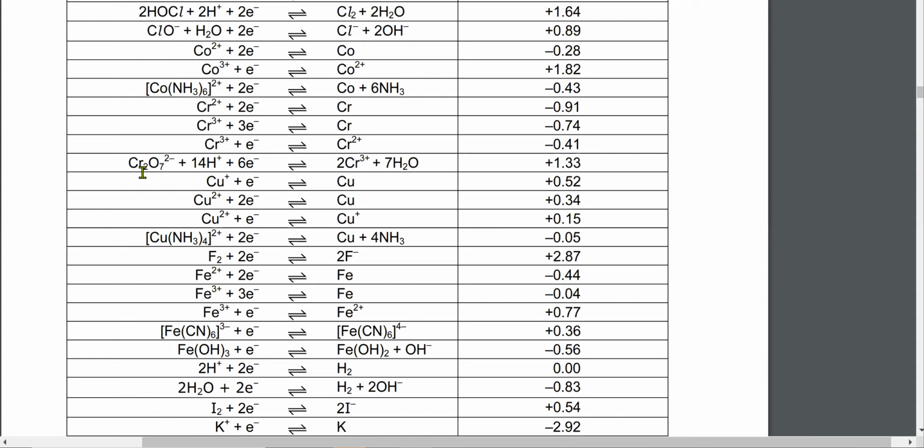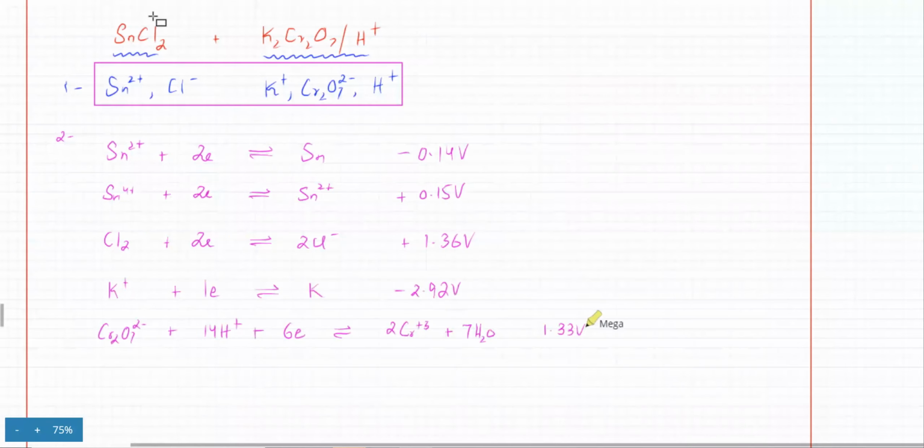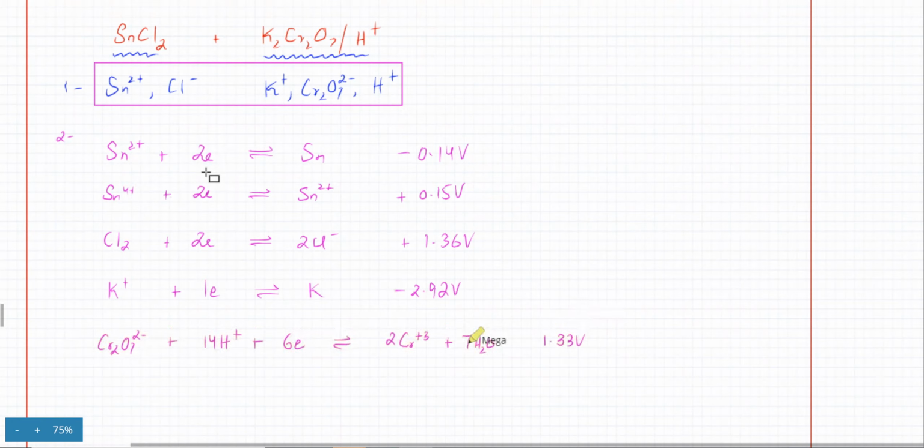And the value is 1.33 volts. So coming back to our working, let me move this slightly downwards. What I've done is that I had all these reactants: Sn2+, Cl−, K+, Cr2O7 2−, and H+.